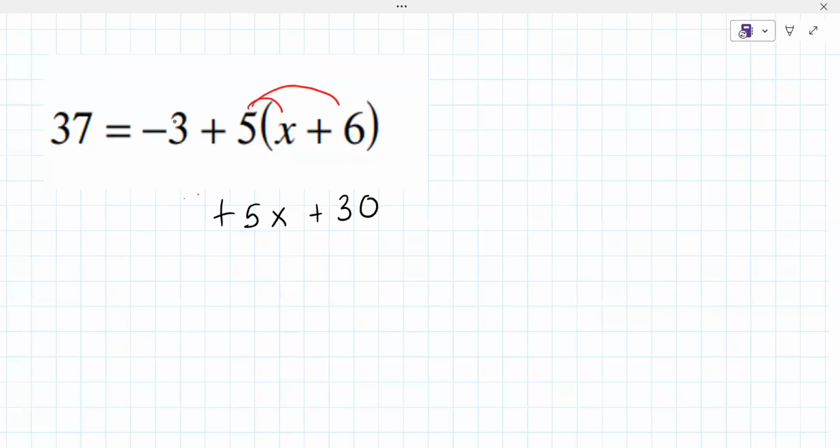Do you agree with that? Any questions on how I got those results from multiplying the 5 in? No. Okay, then you just bring everything else down.